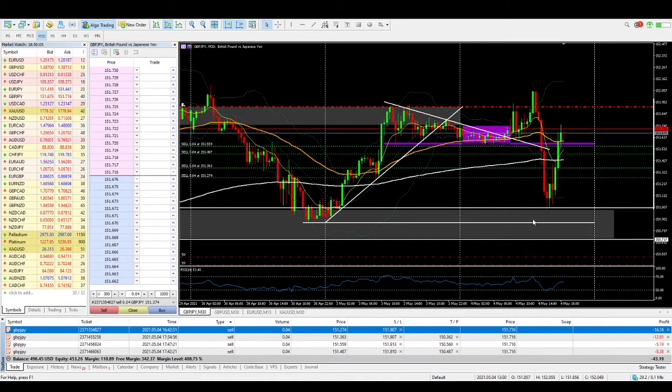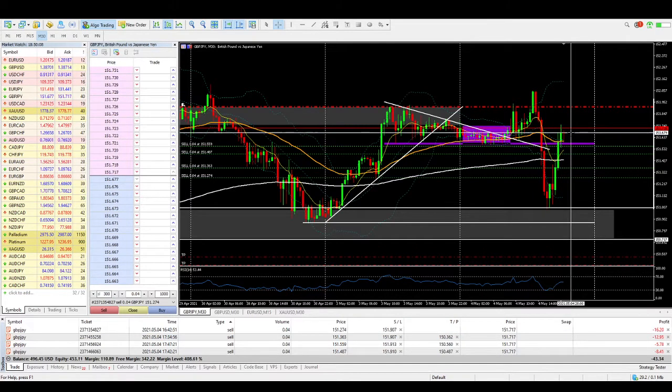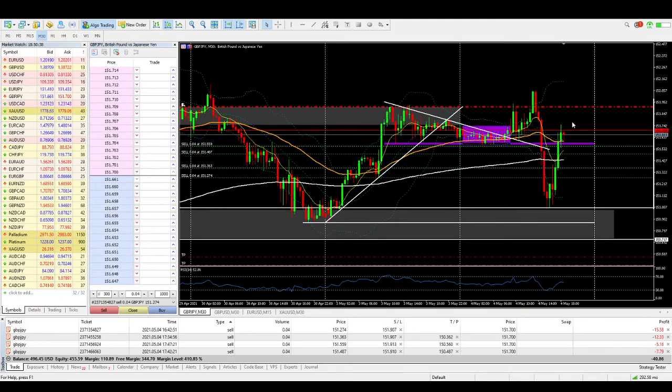So each commission, the market will take 4.2 to 5 pips. In this volume I have 0.04 lots, so that's 40 cents, 40, 80, 120, 150, so that will be $1.50 commission from the spread.